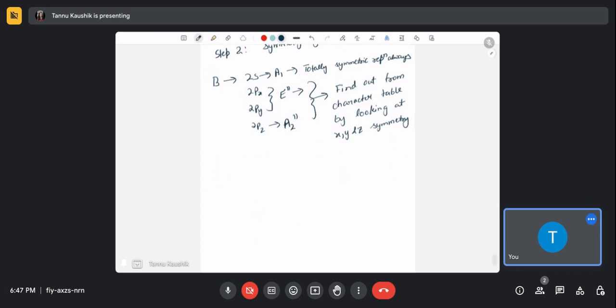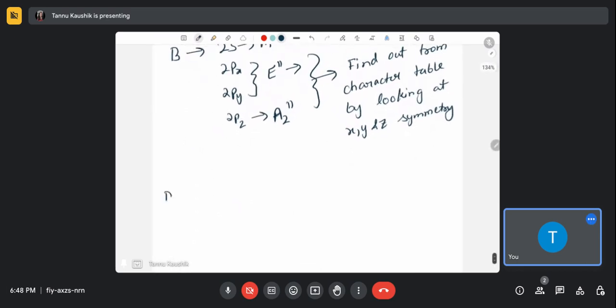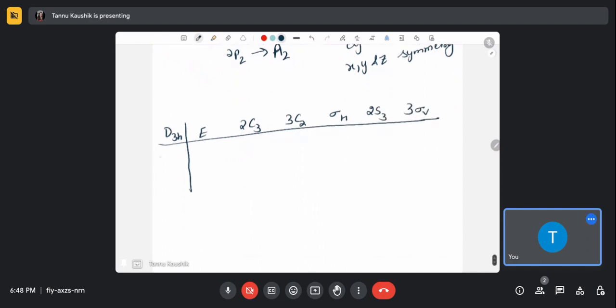In this case, E, 2C3, 3C2, sigma h, 2S3, 3 sigma v, for the unchanged atoms.